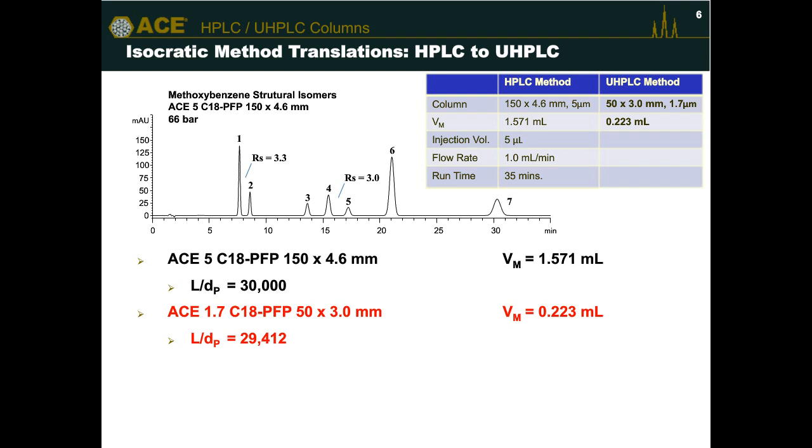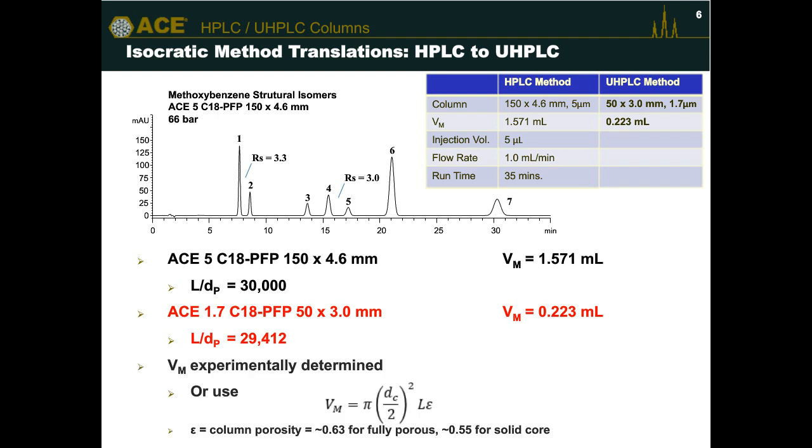That column format has slightly less length to particle size ratio, so 29,000 instead of the 30,000. And the column volume is much smaller, so 0.223 mL. So you can see this building up in the table at the top of the screen.